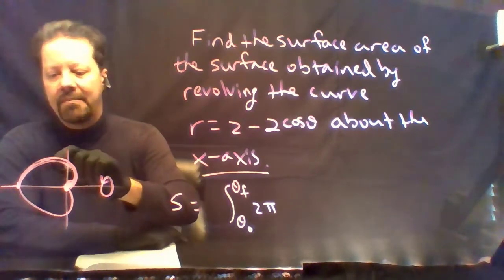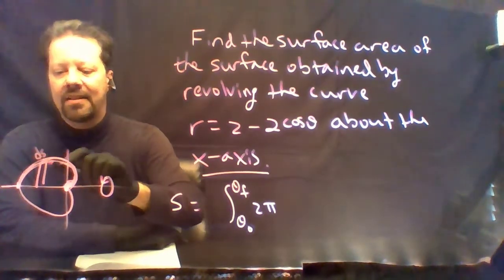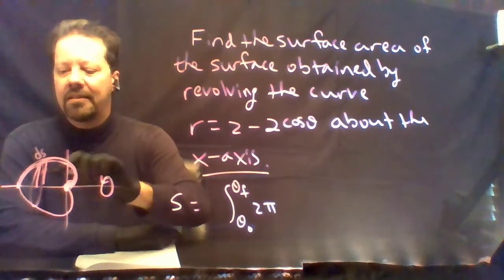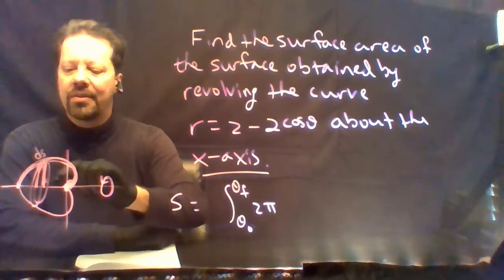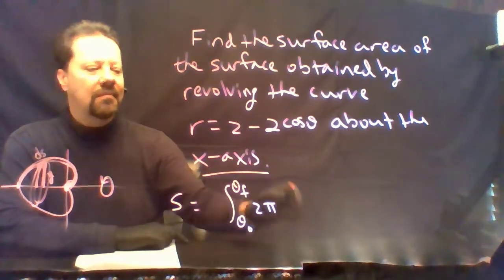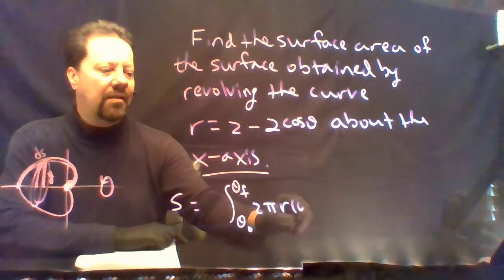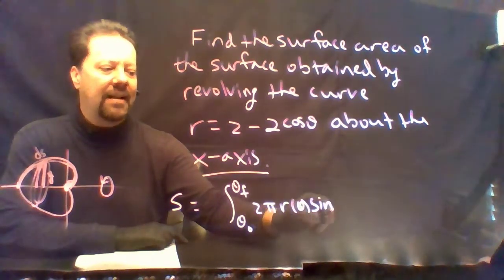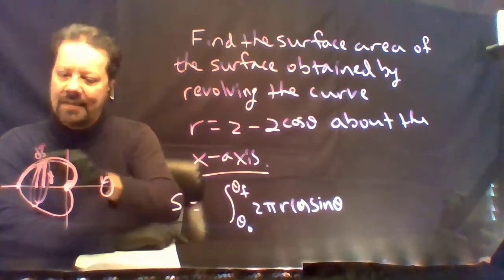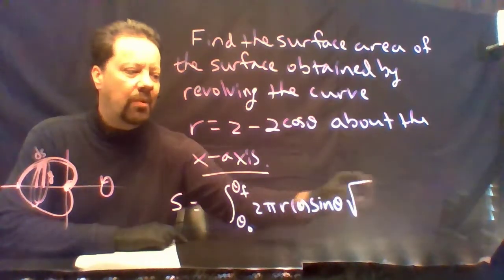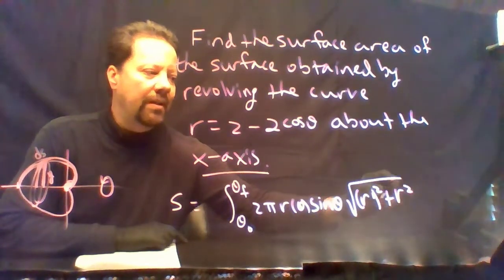The idea being, for surface areas, you take little elements of arc length, ds, and multiply it by the distance around, which is determined by a circle of radius y. Y is r of theta times sine theta. So this is the circumference around times the element of arc length, which in polar coordinates is the square root of r prime squared plus r squared.